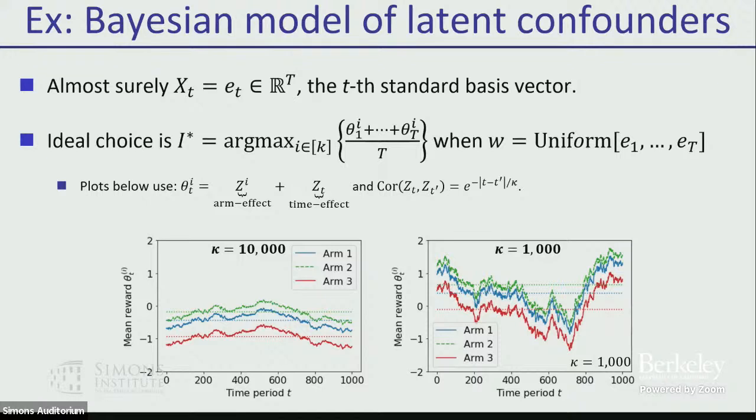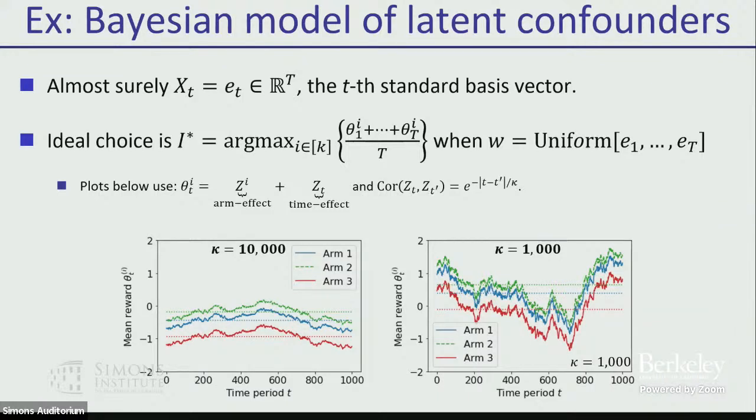Now, the plots below use a particular model for how the time-specific performance of each arm varies across time. It says that there's a fixed arm effect. Some arms are just better than others.